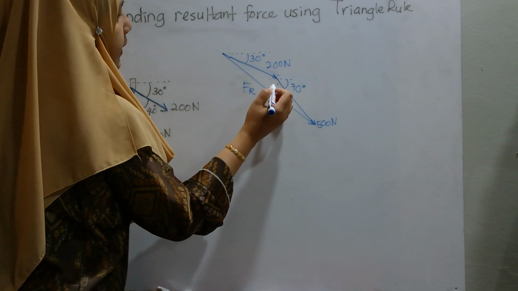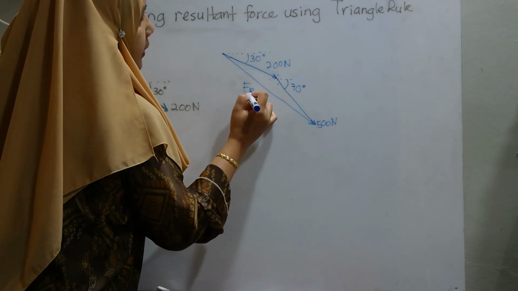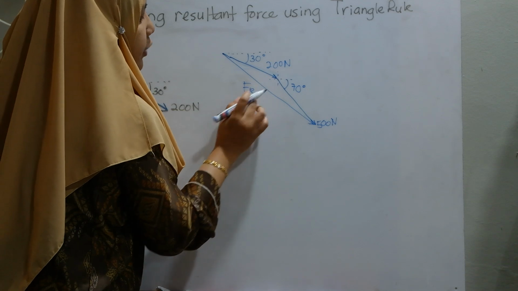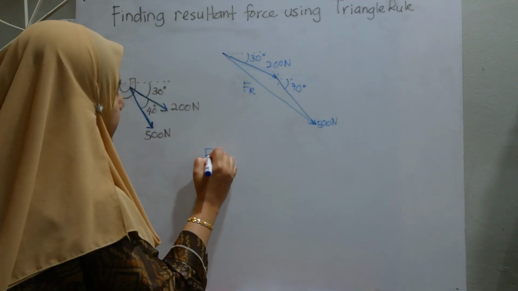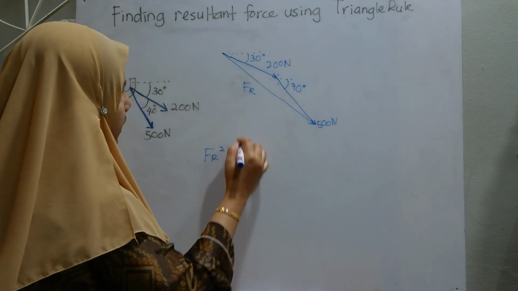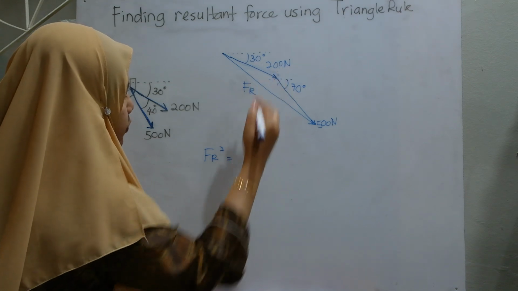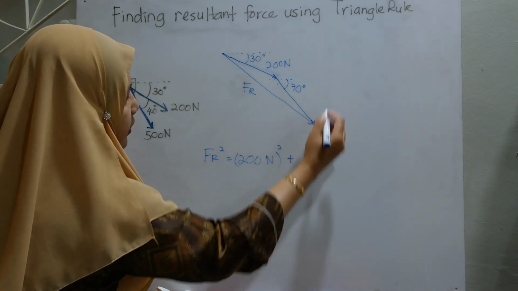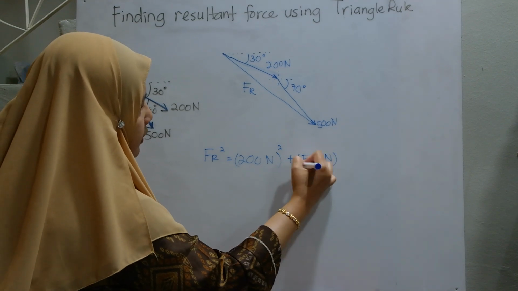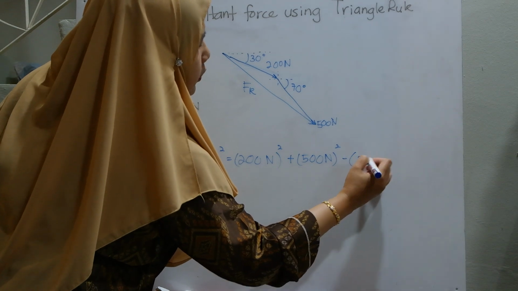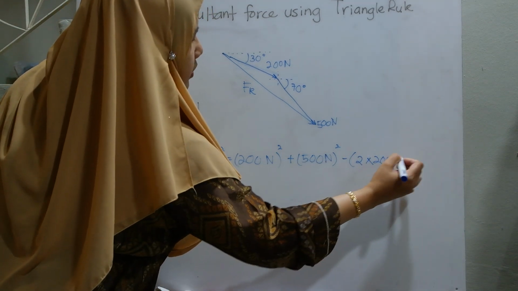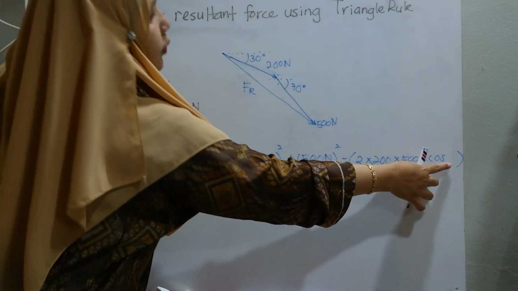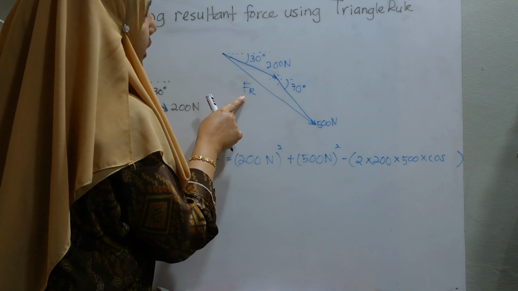Here, for FR, the opposite angle is here, because we need to find R. The cosine rule is FR squared equals, taking 200 Newton as the first force, 200 Newton squared plus 500 Newton squared minus 2 times 200 Newton times 500 Newton times cos of the angle in front of this resultant force.